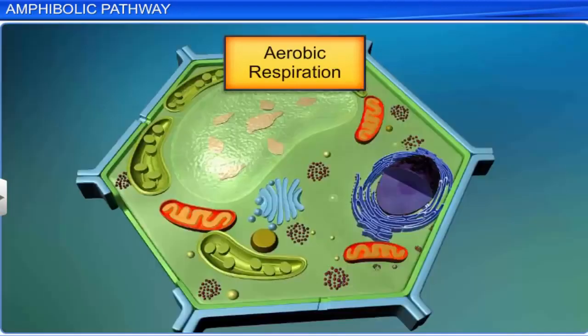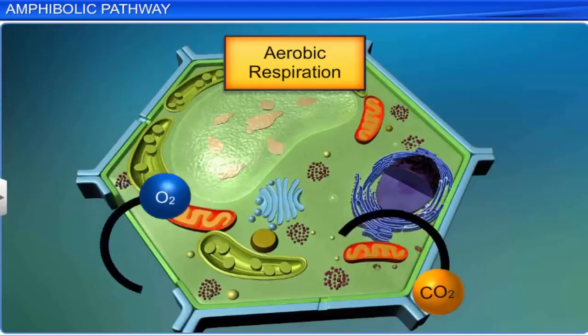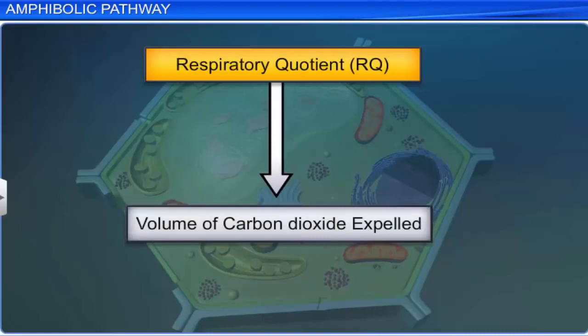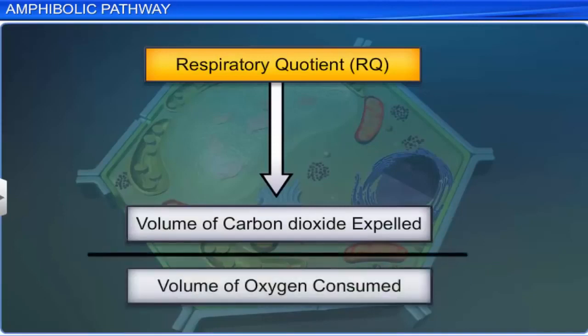As you know, aerobic respiration involves the consumption of oxygen and expulsion of carbon dioxide. The respiratory quotient RQ, or respiratory ratio, is calculated based on the volume of carbon dioxide expelled to the volume of oxygen consumed.